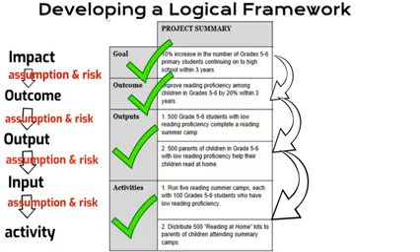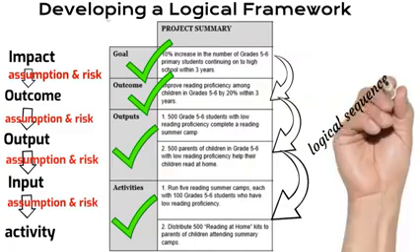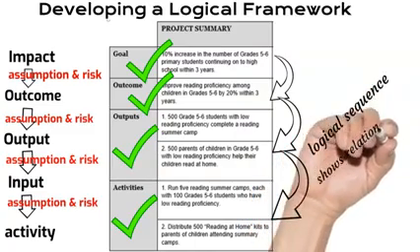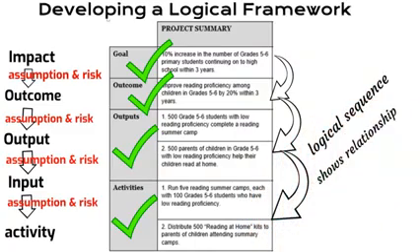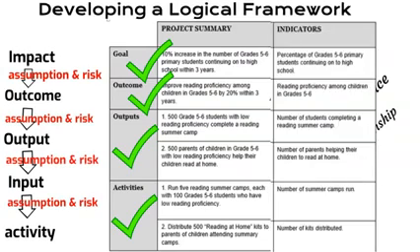So we can see that there is a clear logical sequence and relationship between the goal or the impact, the outcome, the outputs, and the activities. But we also need to add a couple of new things, such as the indicators, which tell us how we are going to measure the results at each level.